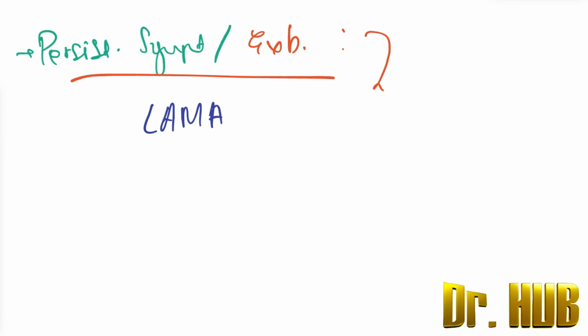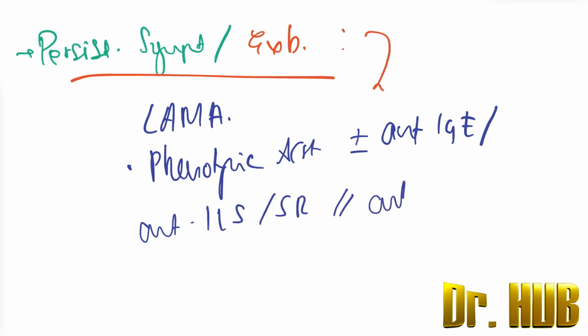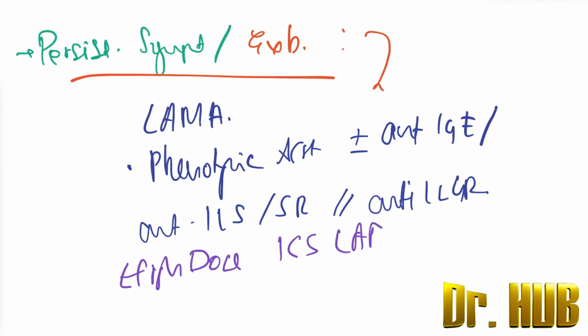Then you refer for phenotypic assessment, then positive or negative for anti-IgE, anti-IL-5, 5R, as well as anti-IL-4R. You consider high dose ICS LABA.